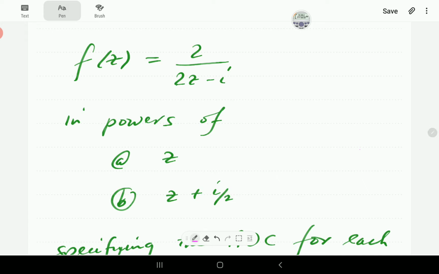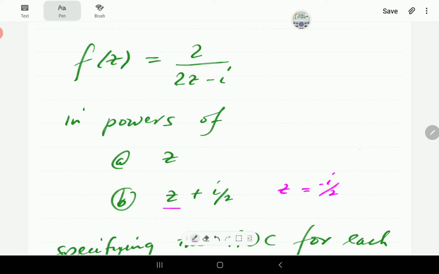Now, whenever this is done, the way to find the center is by always taking one of these and equating it to 0 and solving. So for instance, part B, if you take this and equate it to 0 and solve, you get that z is negative i on 2.